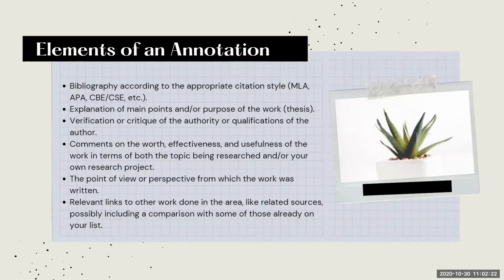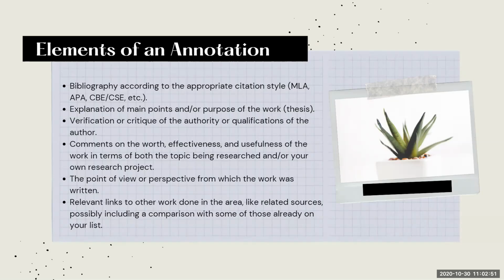Right. Elements of an annotation. So these are things that an annotation should include when you're writing an annotated bibliography. The first being you want to make sure that you are using the appropriate citation style, MLA, APA, CBE, or CSE. This will normally be determined either by the class that you are writing this for, the subject, or what your professor recommends.